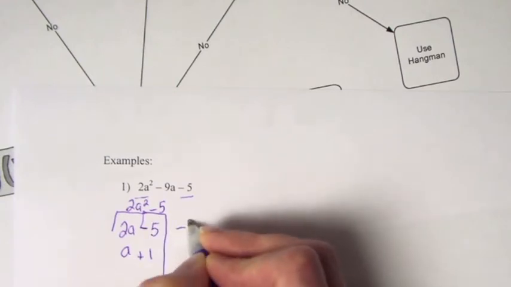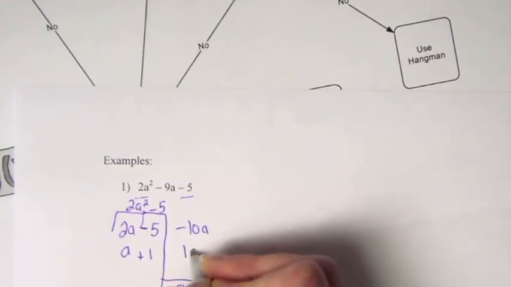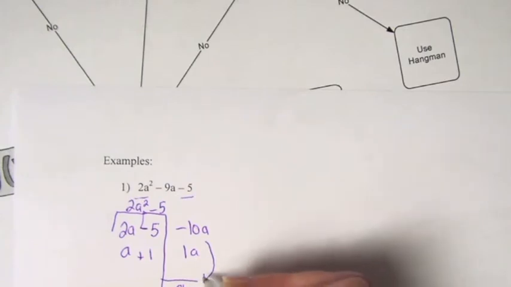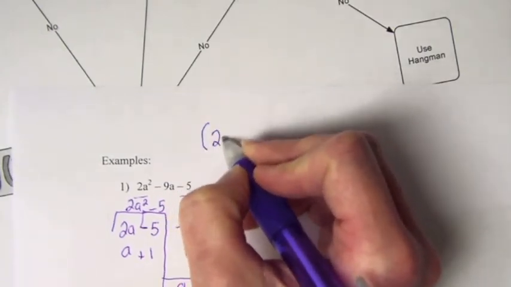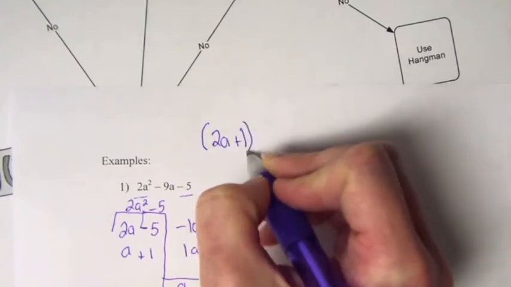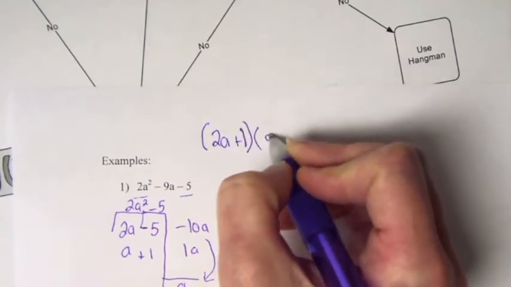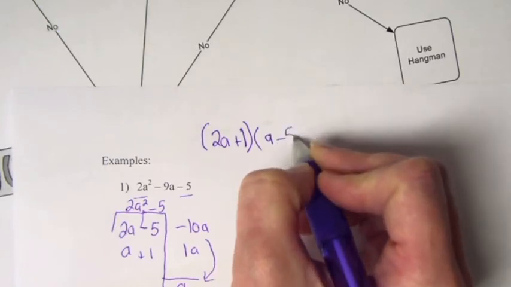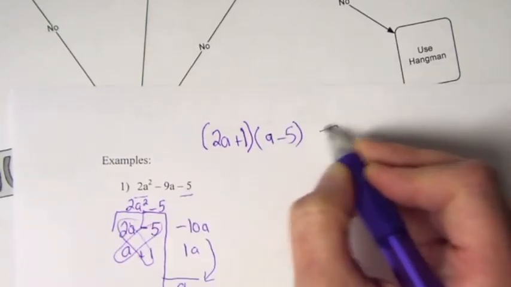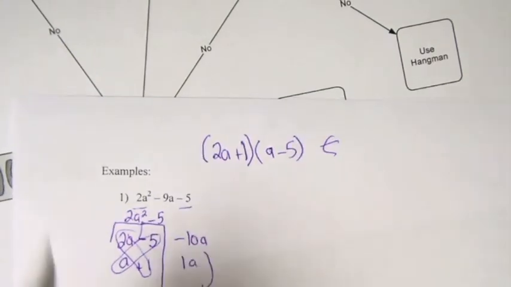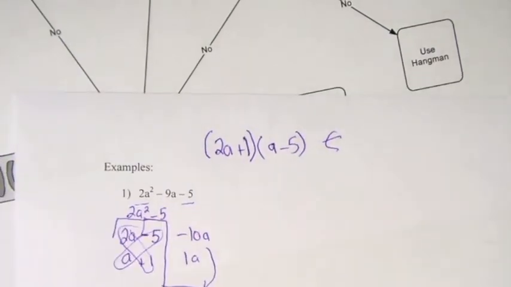So we're going to get negative 10a and positive 1a, which does in fact give us negative 9a. So then our factors for this problem are 2a plus 1 and a minus 5. So those are my factors. So I had to do hangman to get these factors. My flow chart, I went through that, it told me that that's what I needed to do.